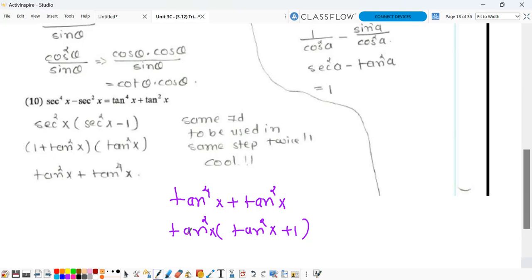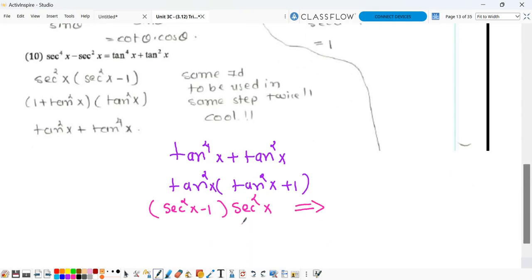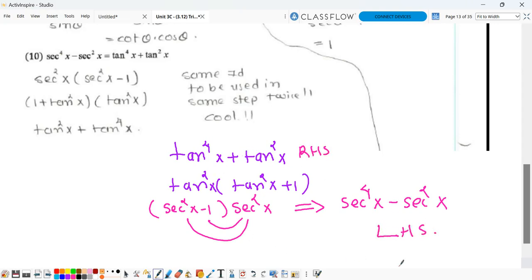We just talked about tangent square plus 1 being secant square, and tangent square being secant square minus 1. And now distribute. You will get secant to the fourth minus secant square, which is my left hand side. So the same question: I started from the right side and ended with the left side. Super cool problem, my favorite one.